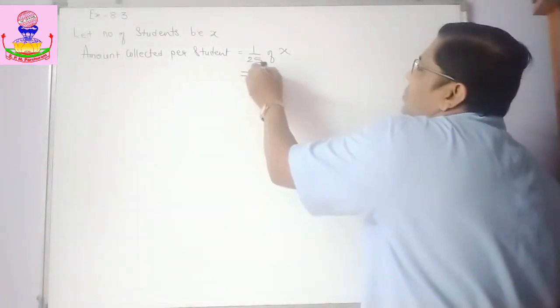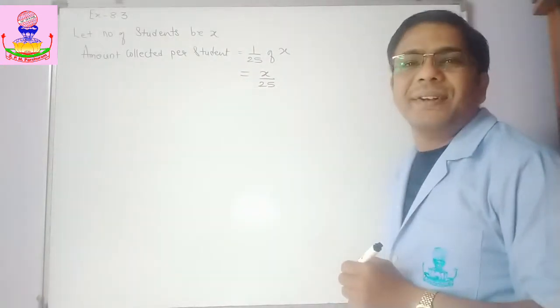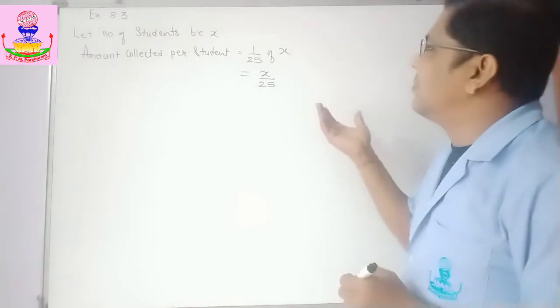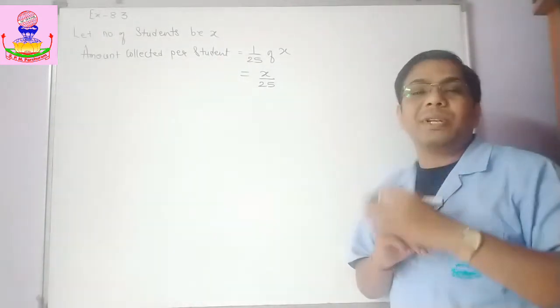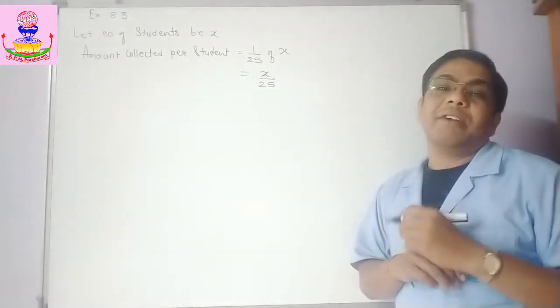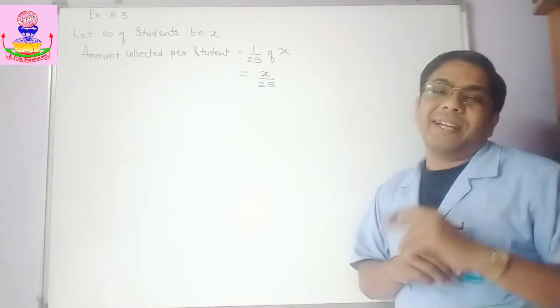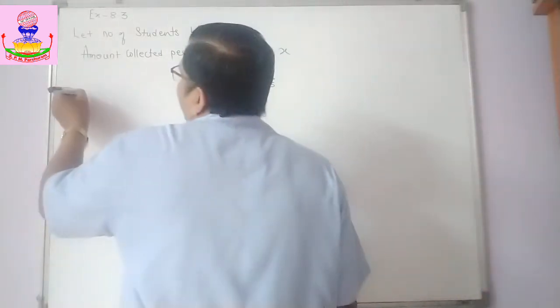Now of means multiplication. So x upon 25. So the total amount collected will be x into x upon 25. And the teacher contributed 25. So x into x upon 25 plus 25. And the total amount collected was 250.